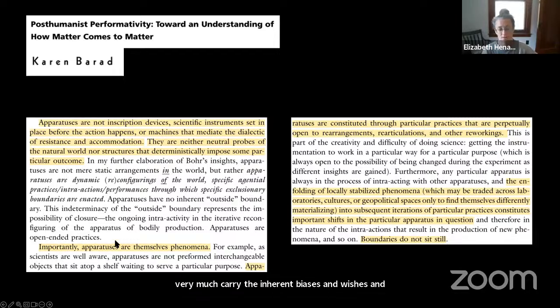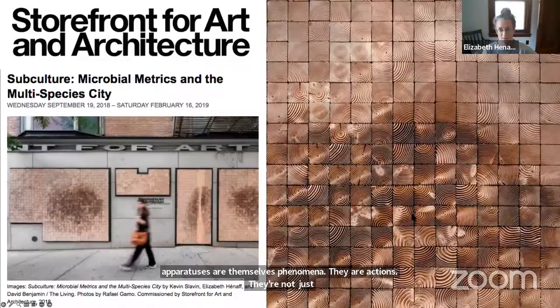So she uses the word apparatus as a synonym for tool or for instrument. And notably, she says that apparatuses are themselves phenomena. They are actions. They're not just passive. So I encourage that as some reading.